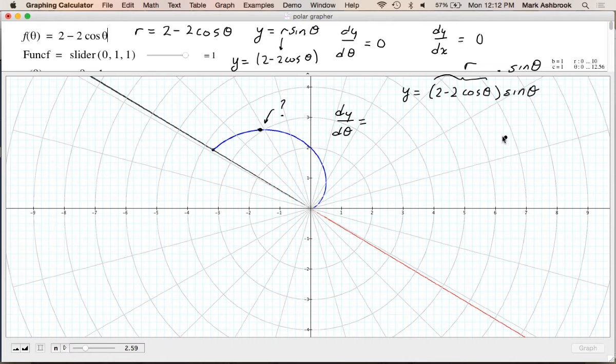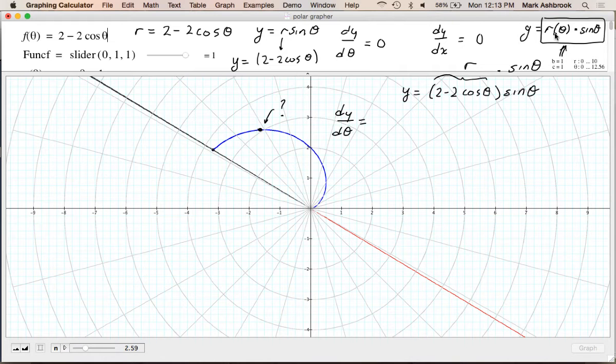So what's the general approach? Product rule, right?